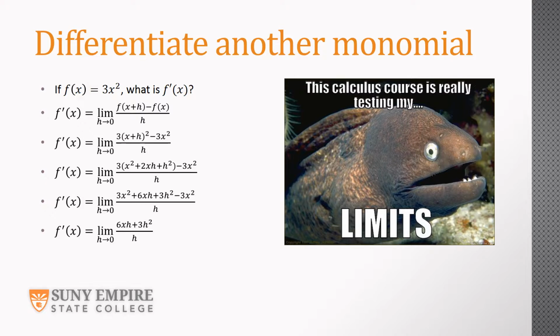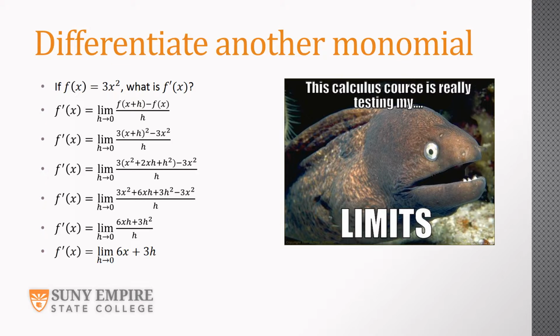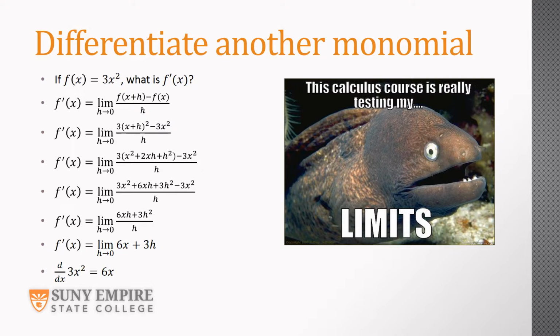Combining like terms, the derivative becomes the limit as h approaches 0 of 6xh plus 3h squared divided by h. Dividing, we have the limit as h approaches 0 of 6x plus 3h. Taking the limit, the derivative with respect to x of 3x squared is 6x.